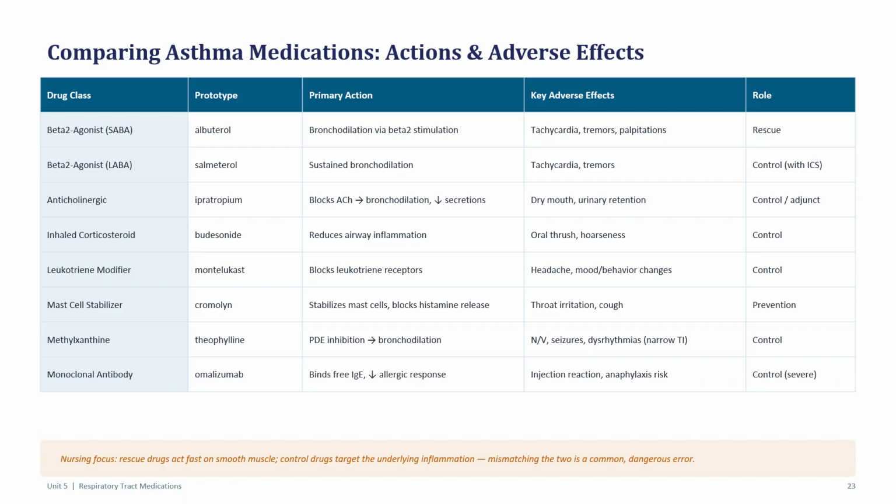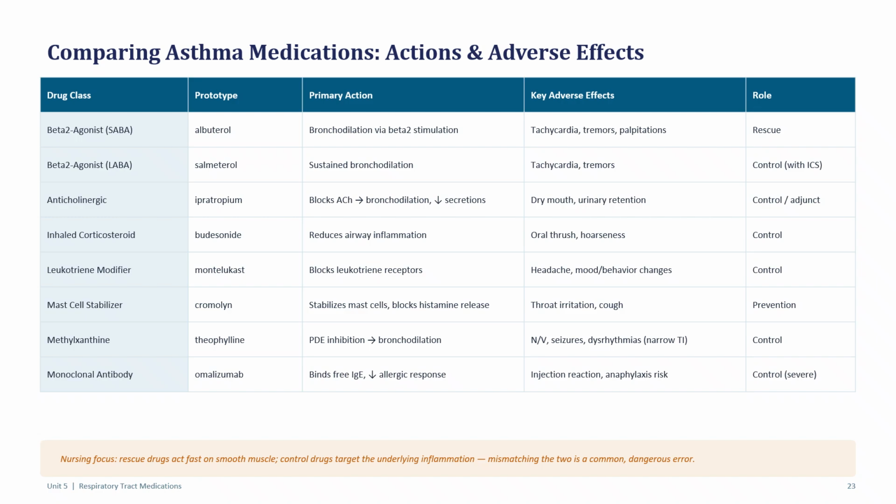Anti-inflammatories and biologicals are control. Theophylline sits in an interesting middle spot. It is technically a control, but with that narrow therapeutic index, it has that tightrope, meaning it demands more monitoring than any of the others in the column.